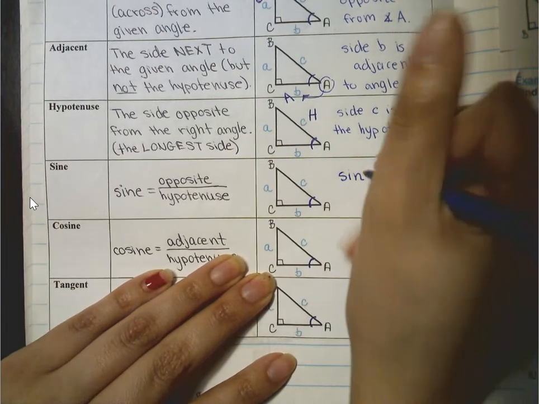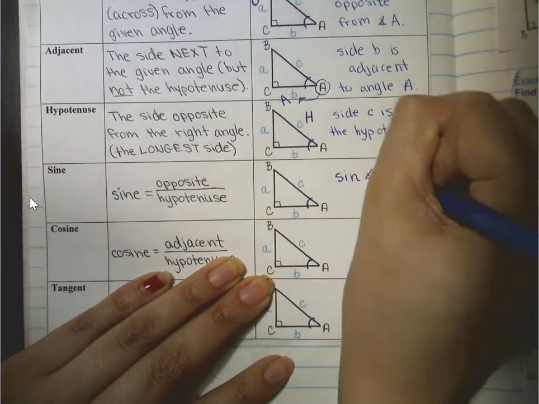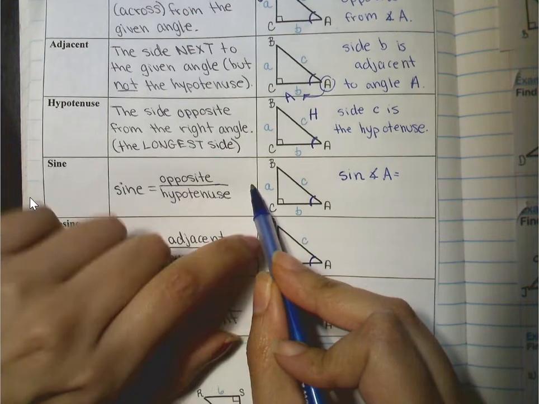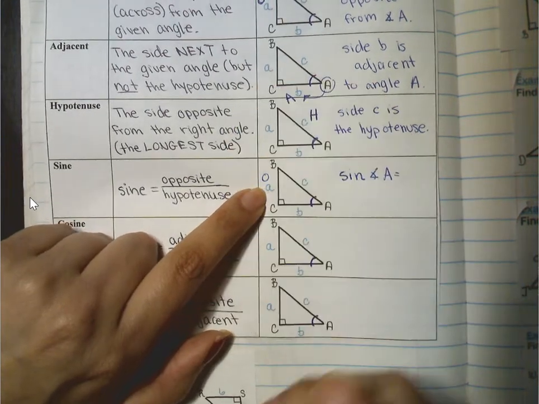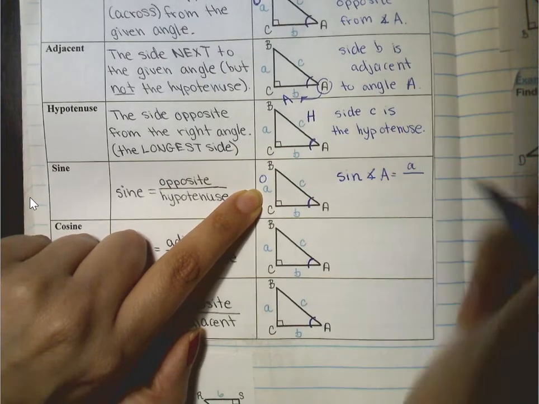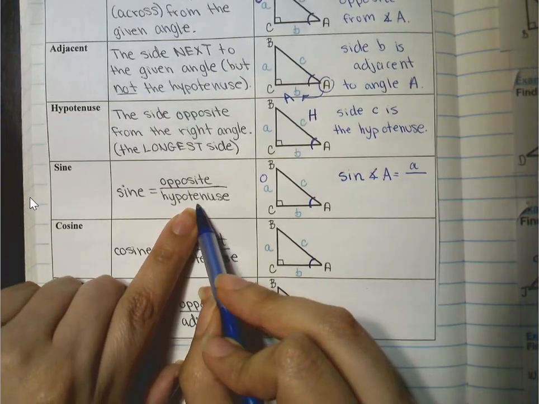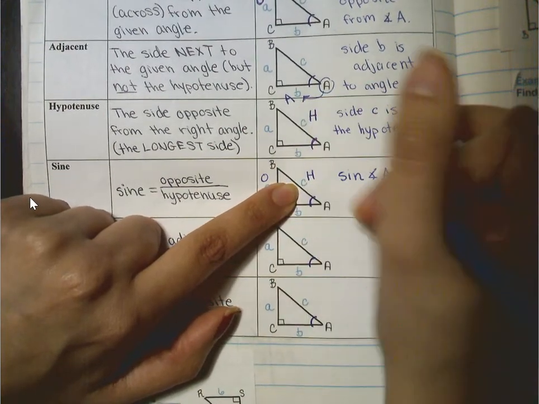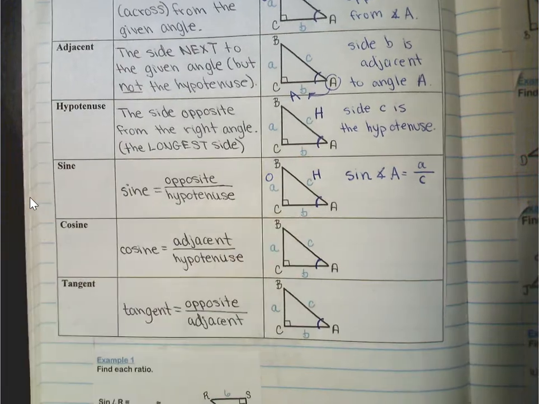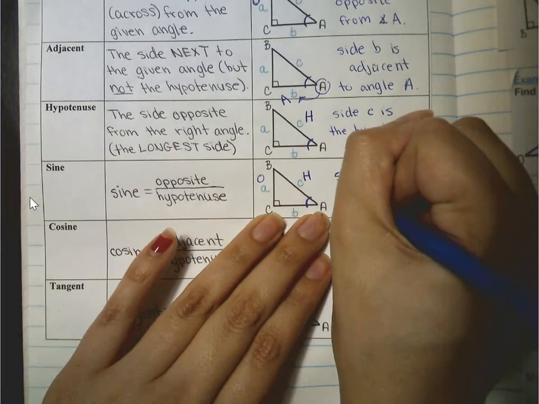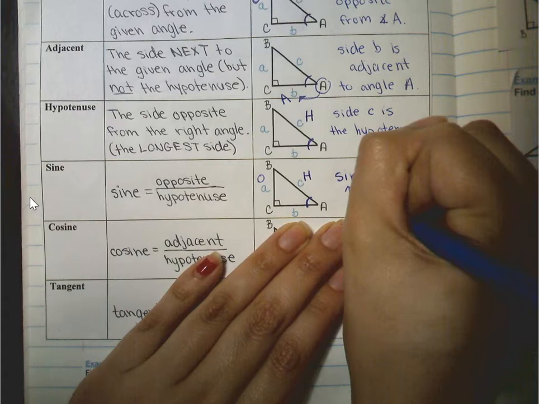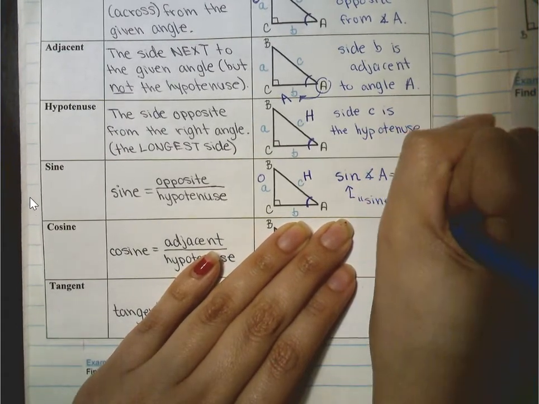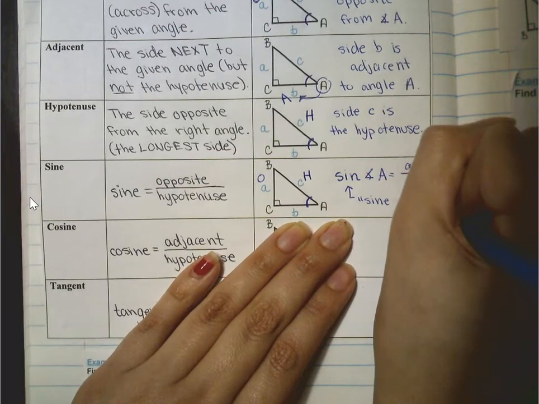So sine of angle A, because that's the angle they marked, is opposite, which is A, lowercase a, over hypotenuse, which in this case is the C. This is the hypotenuse. And so again, you don't say "sin," you say sine of angle A.